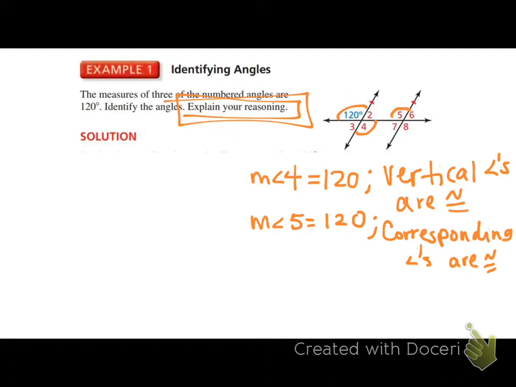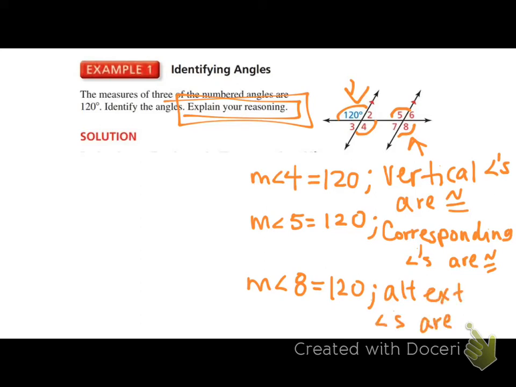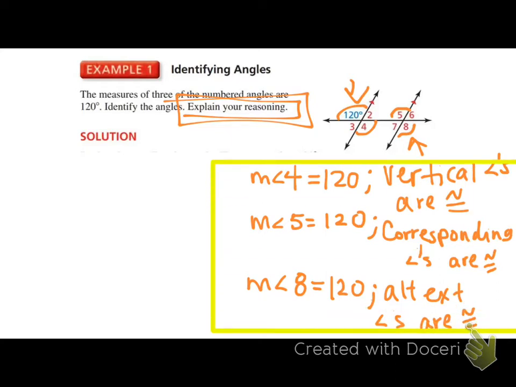And then last, angle 8. What relationship does angle 8 have with 120? They're alternate exterior, which we know are also congruent. So all of that is our answer.